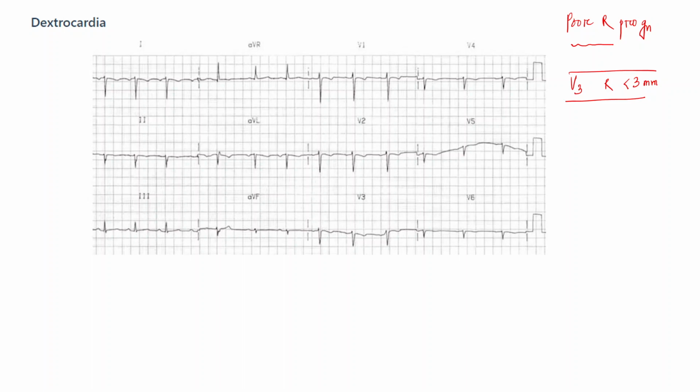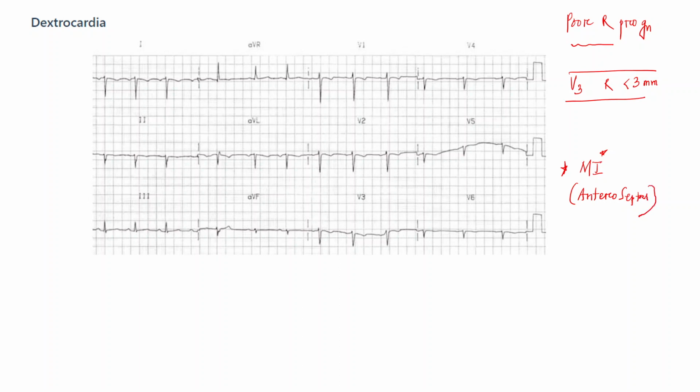Now, which conditions will cause poor R wave progression? For all practical purposes, remember, if we are getting poor R wave progression in the ECG, the most important cause you have to remember is myocardial infarction, maybe acute, subacute, or old. It is of course the anteroseptal MI.